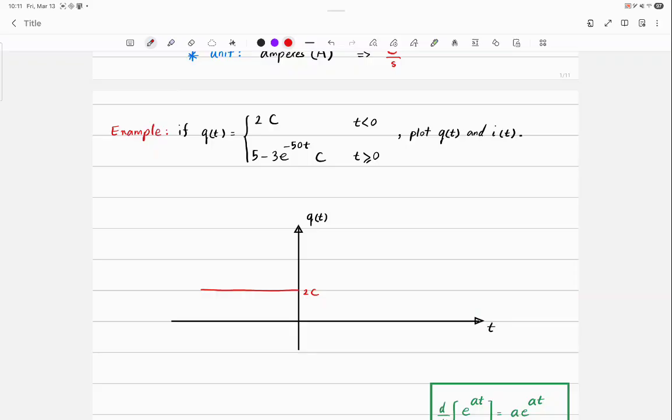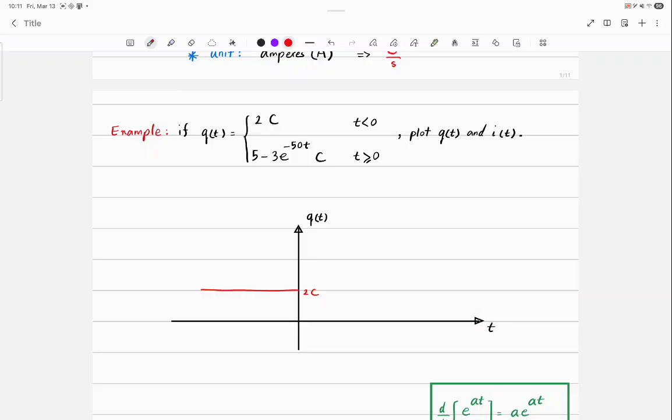First, plug in the value at the start of the interval. The start of the interval is 0, right? Plug 0 into that equation and tell me what's the value. What is e to the power of 0? 1, okay? So it's going to be 5 minus 3, right? 2. So the starting point is 2, exactly like the value on the plot.